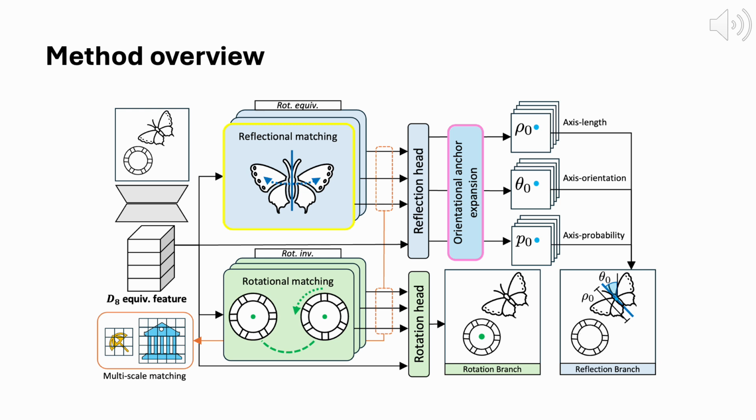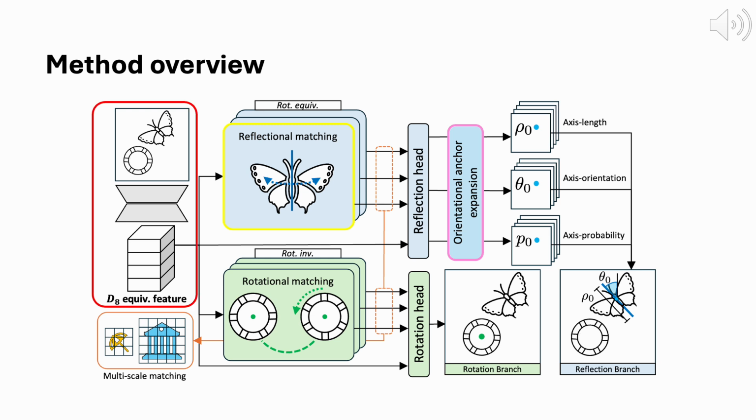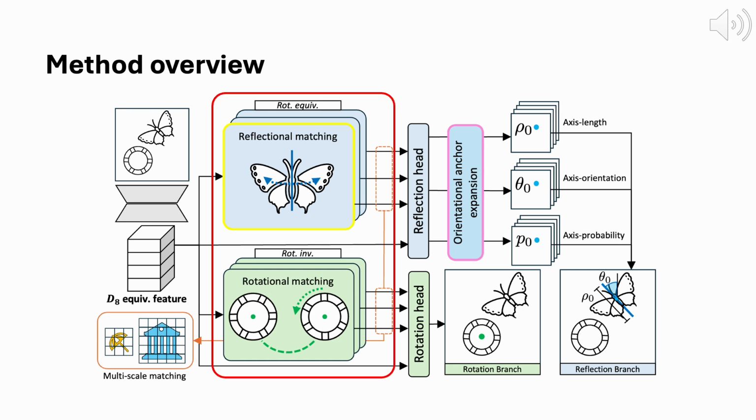With this motivation, our method is built around two main components: a matching module, shown in yellow, and orientational anchors, shown in pink. First, the images pass through a D8 group-equivariant network to generate D8 equivariant features. Next, these features go through each matching module to produce matching features.